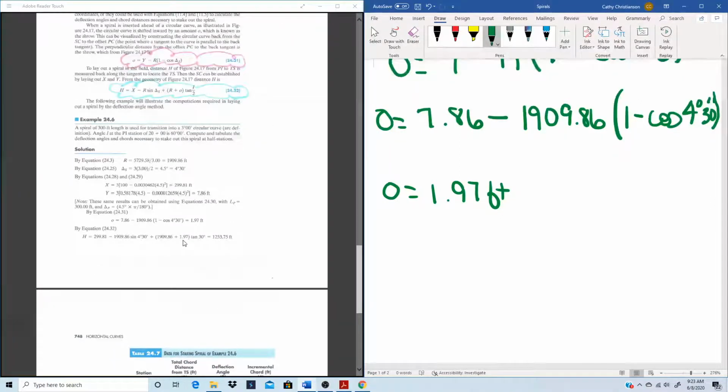Alright, last thing we're going to solve for is the h. And h is what we need to get our, so h equals x minus r times sine theta s plus, I'm going to put this second part underneath here.